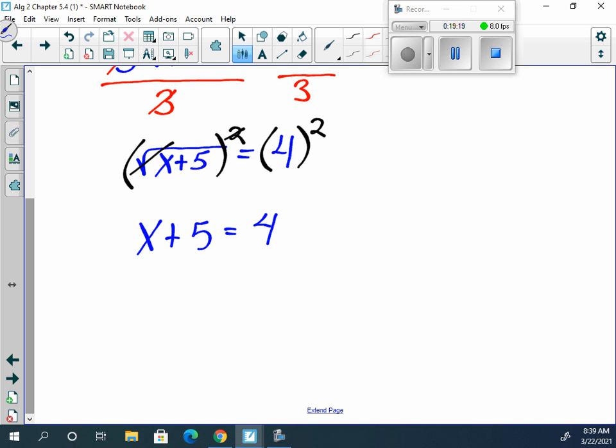Okay, what do we need to do next? Right, solve for the value of x by subtracting 5 from both sides, which tells us x is equal to what?